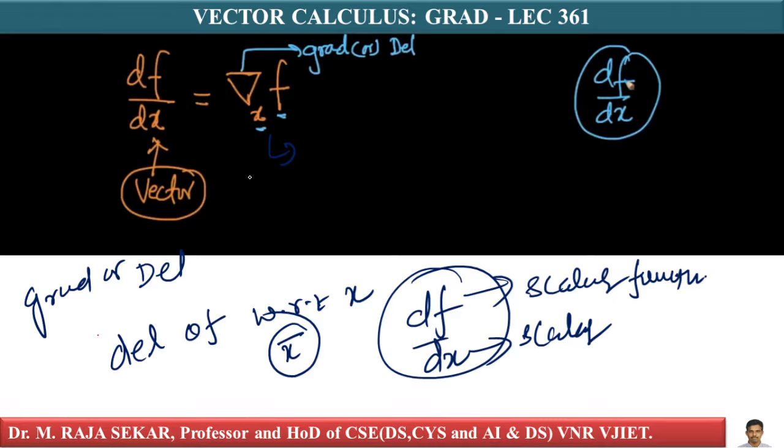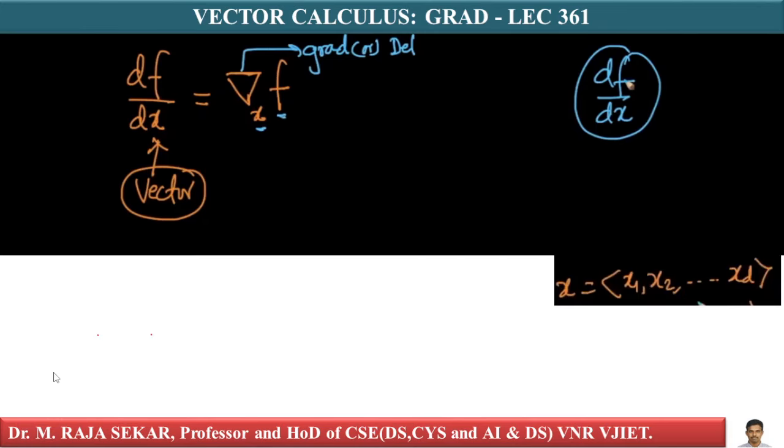Let's understand what vector differentiation is. How can we read this? Del f with respect to x. Remember, x has d components. x is a d-dimensional vector. Just try to recall what my x is: x equals x1, x2, and so on, xd.